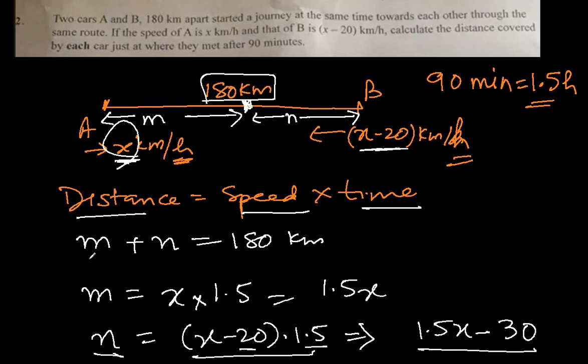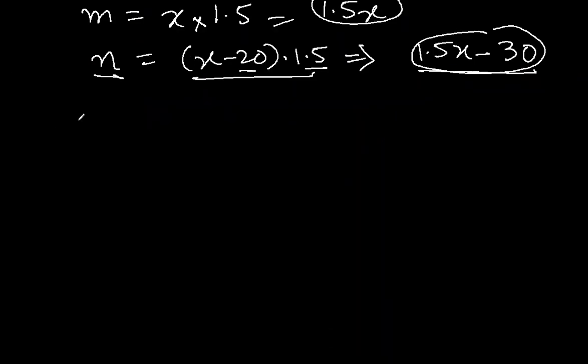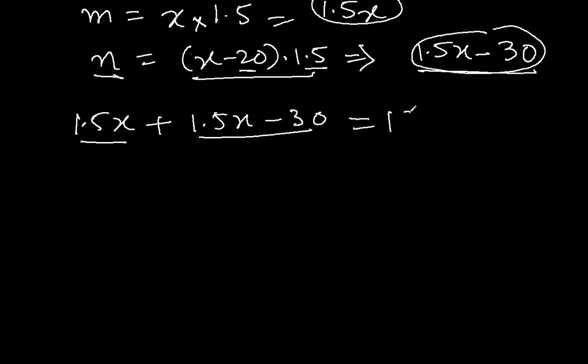So now M plus N is 180, we know, so we can add this. This is M and this is N. Their sum is 180. So let's do that. 1.5x plus 1.5x minus 30, this is M, this is N, is equal to 180.